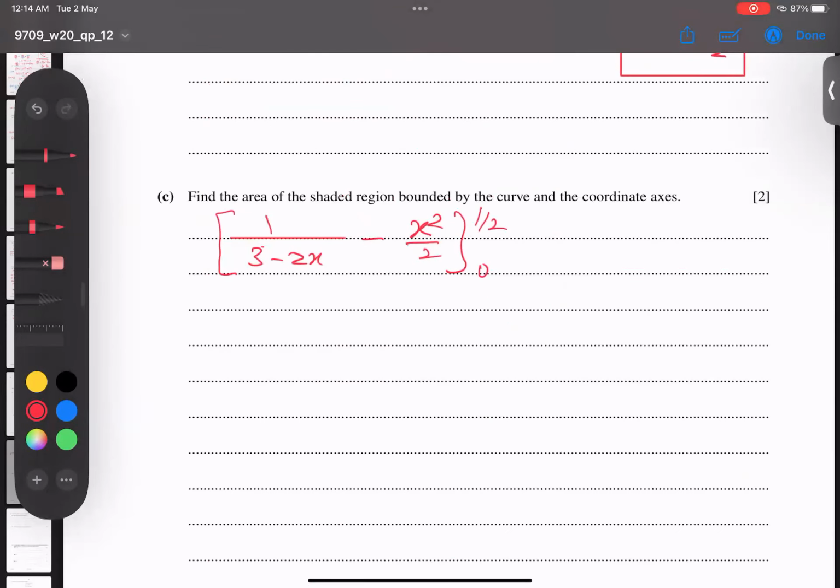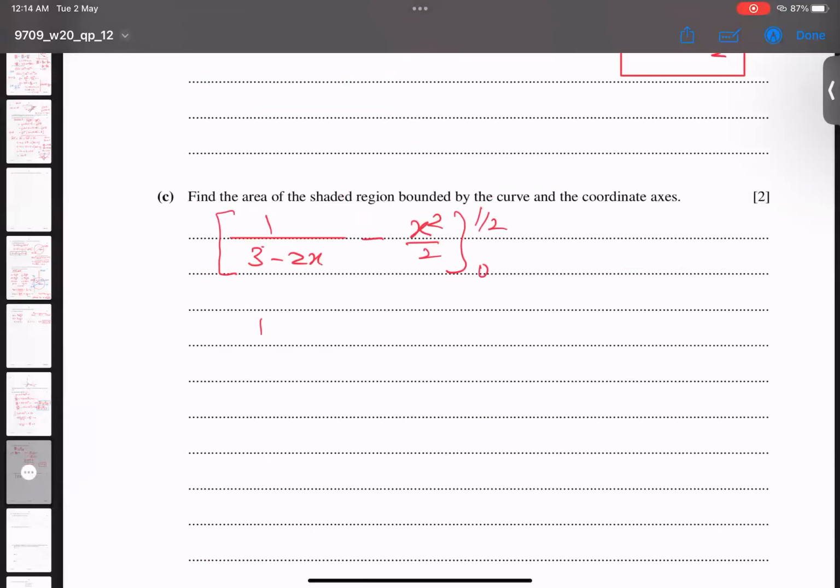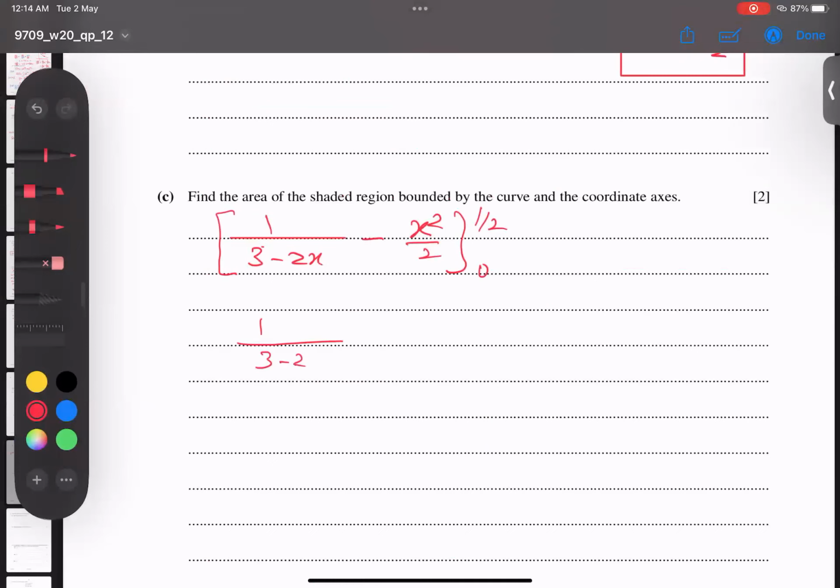And when I plug in this half here, I show you. So 3 minus 2 into half, and half here, 1 over 2 squared by 2. Upper limit's done. Minus, now the lower limit. Plug in 0 here, I get 1 by 3. Plug in 0 here, gone.